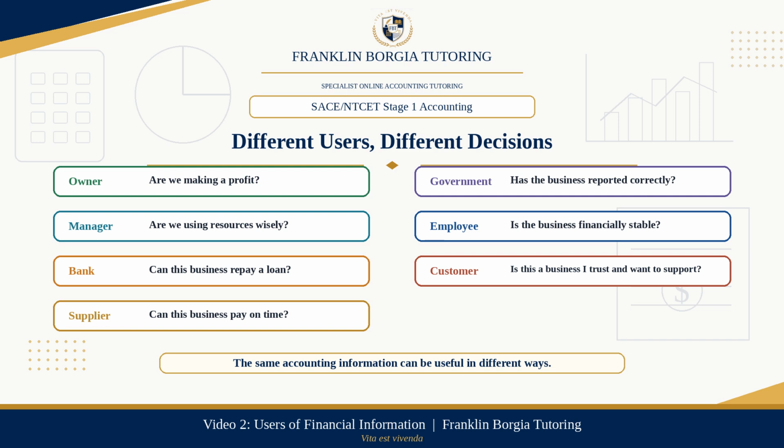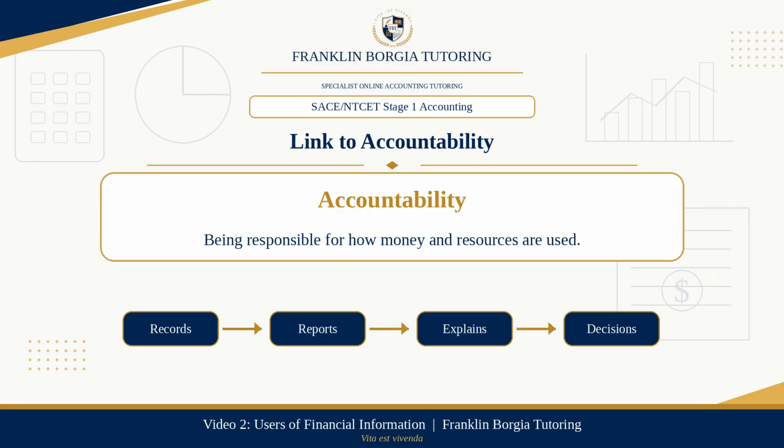How it links to accountability. Next, we need to connect stakeholders with accountability. Accounting information is not only about making decisions, it's about accountability. Accountability means being responsible for how money and resources are used.